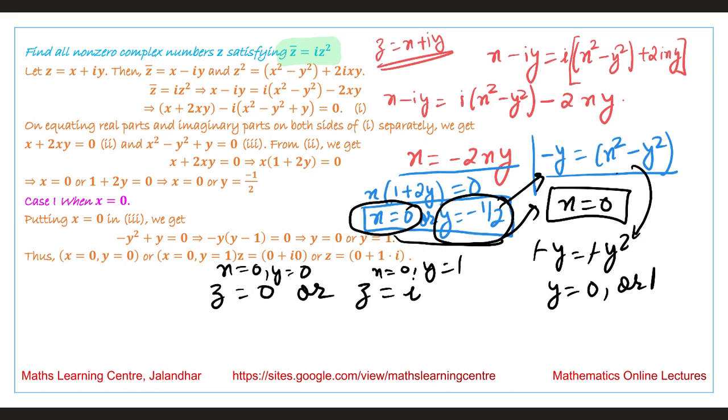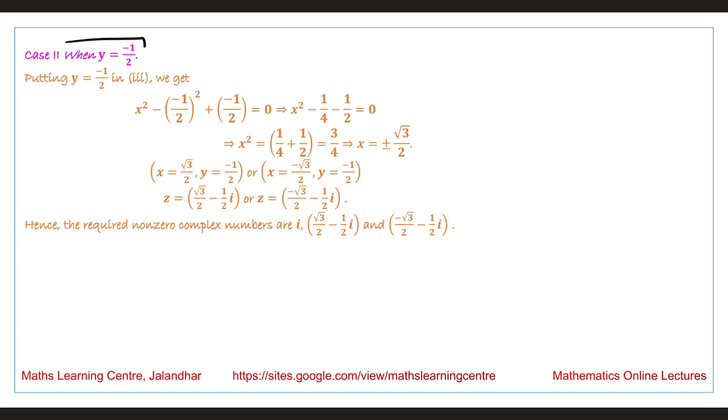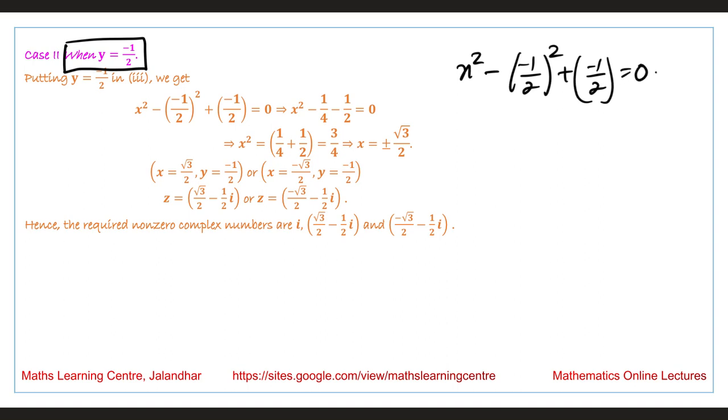The second case we have is when we are considering y is equal to minus 1 by 2. So in this case, the equation comes in this form: x square minus (1 by 2) square plus (minus 1 by 2) is equal to 0. So on solving this, we will obtain the value of x is equal to plus minus root 3 by 2. The value of y is minus 1 by 2.